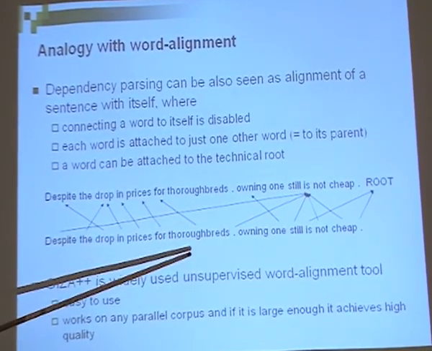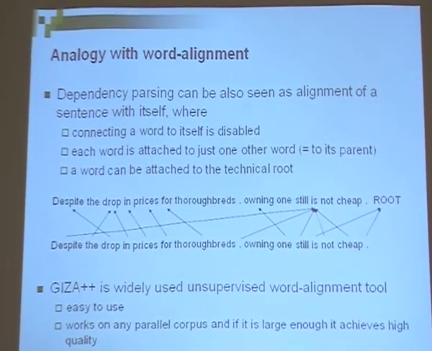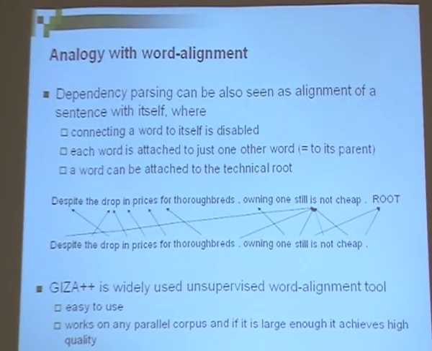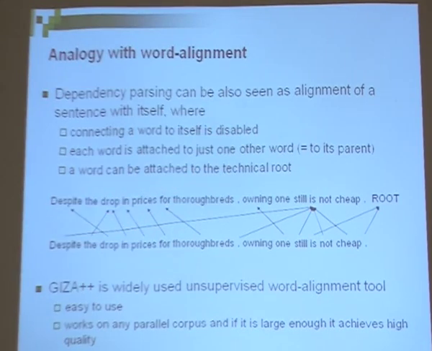For each word we find its counterpart, which is the parent in a dependency tree, and we can attach the word to the root, which is equal to alignment to the zero word in the word alignment task.